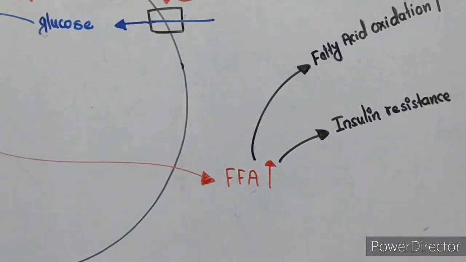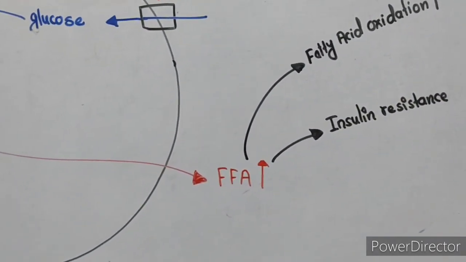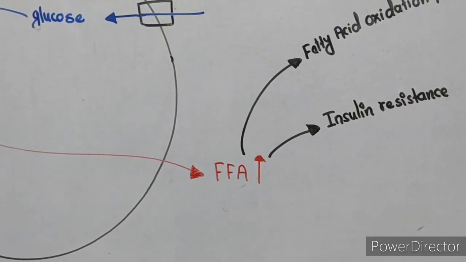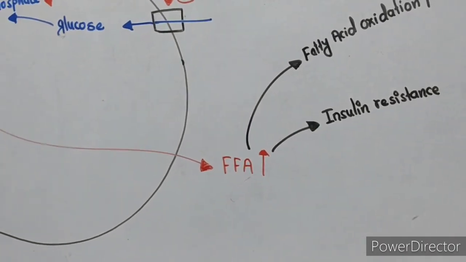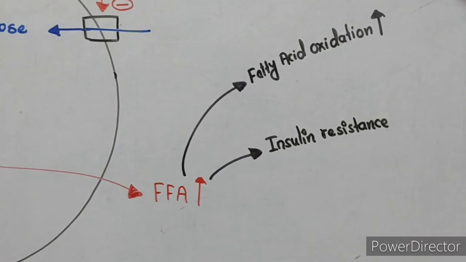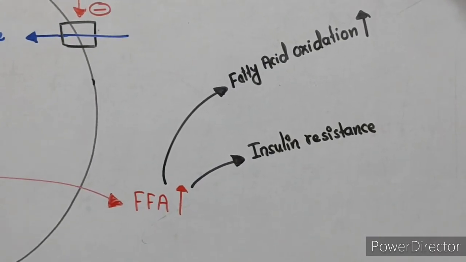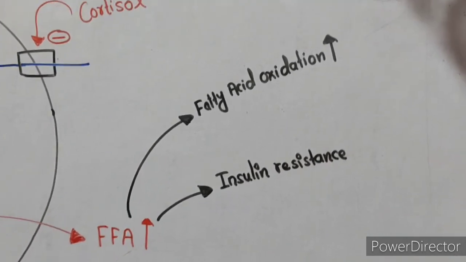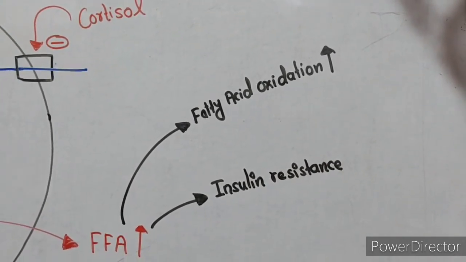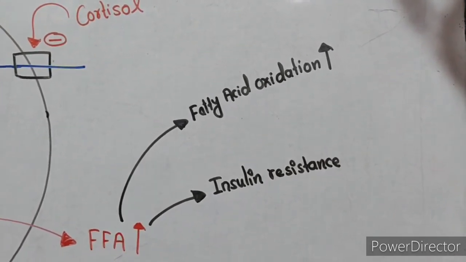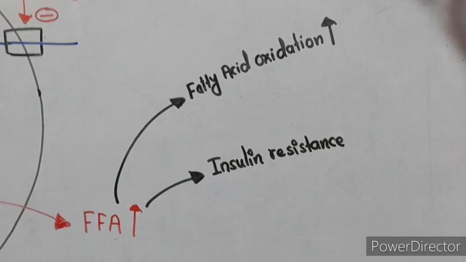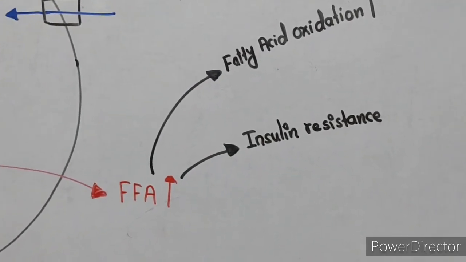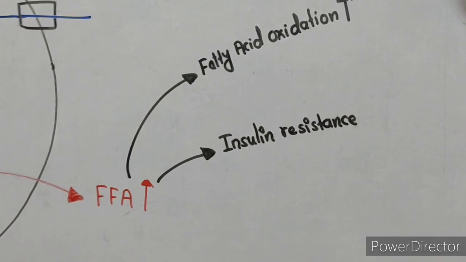Plasma free fatty acids level will increase. These free fatty acids do 2 functions. First, cortisol also increases their oxidation, that is, fatty acid oxidation is increased, because of which energy now is given by free fatty acids instead of glucose. Next, these free fatty acids cause insulin resistance.